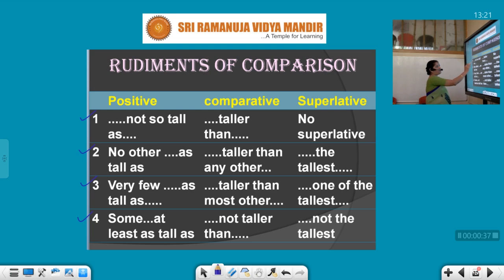Now take the example of the first one, not so tall as, or you can also say as tall as. We can either use not so tall as, or we will use as tall as.